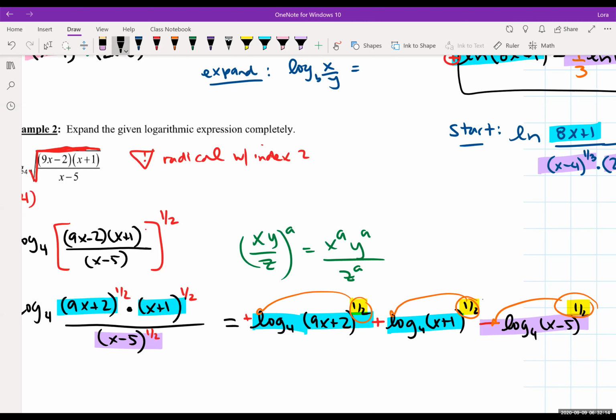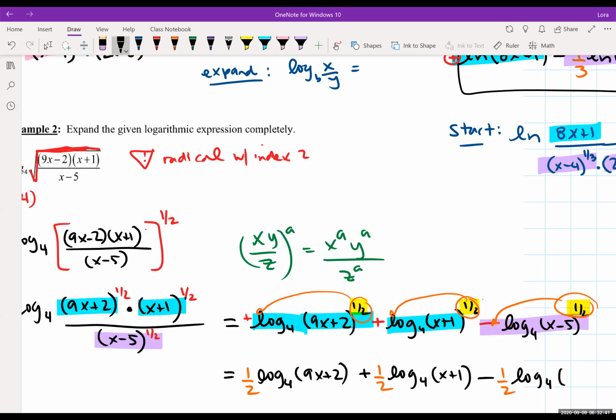So the final expansion would look like 1/2 log base 4 of 9x plus 2 plus 1/2 log base 4 of x plus 1, and then minus 1/2 log base 4 of x minus 5. And now we have expanded completely.